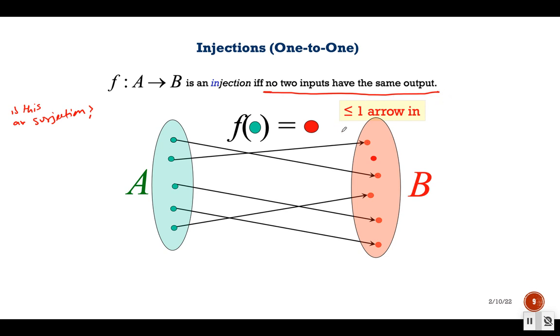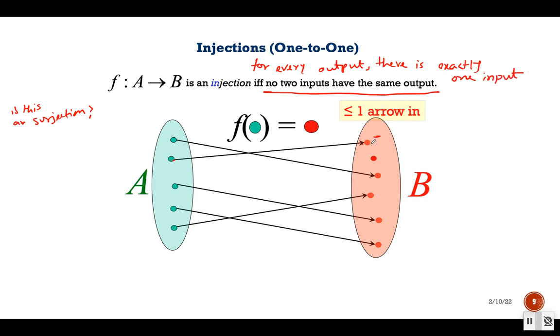For every output there is exactly one input.